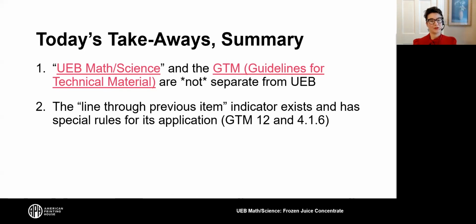The line through previous item indicator, which is dots 4, 1, 5, 6, is out there, and you can apply it more accurately and confidently now that we've talked a little bit about what an item is and how the line through previous item indicator can work for us in spatial material and for the not equal to operator or comparison symbol.